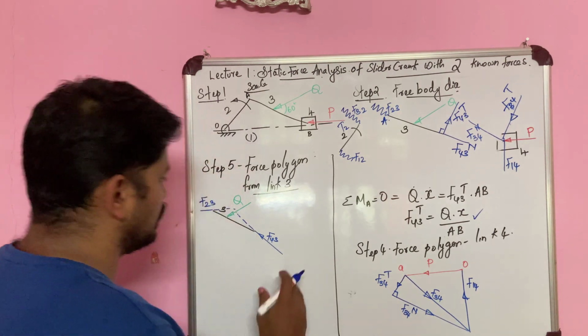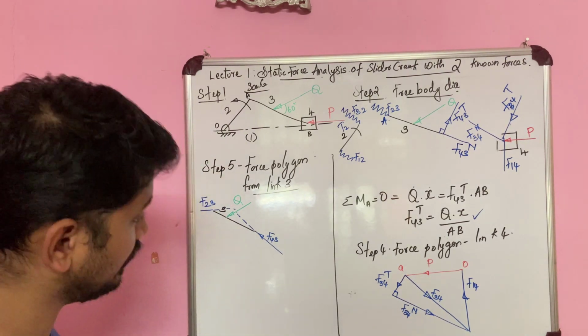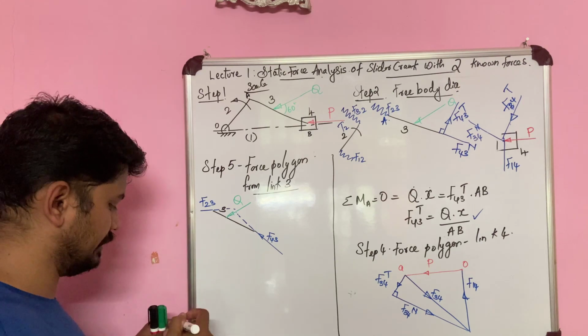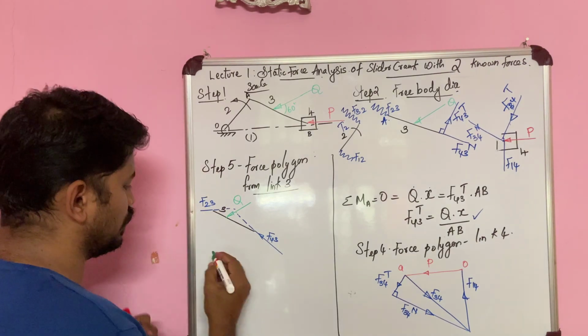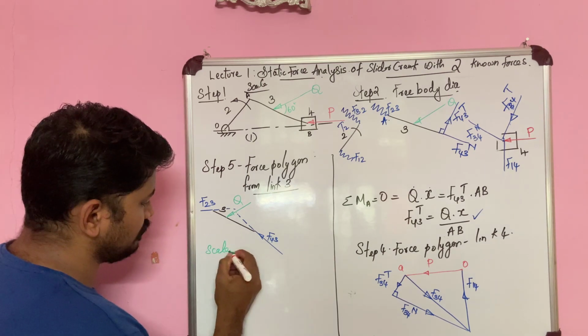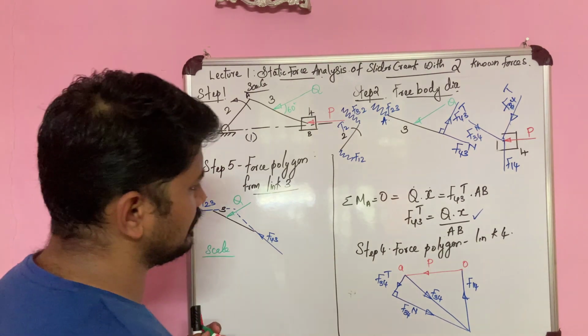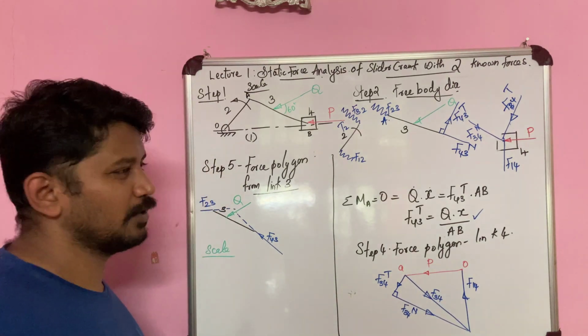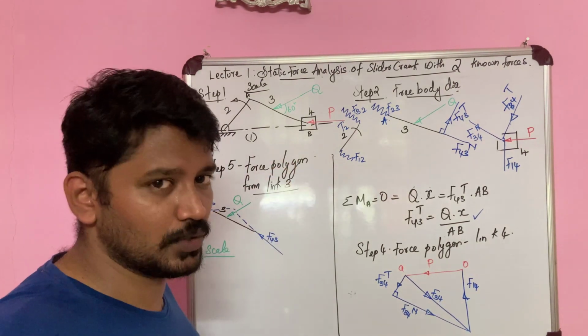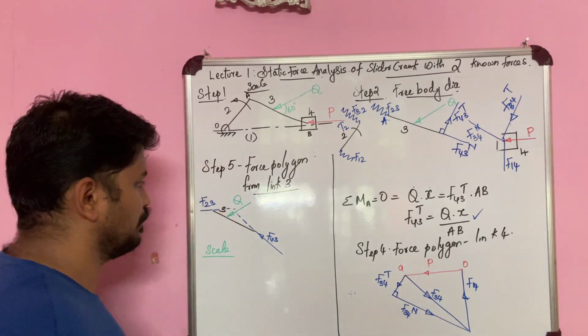Okay, so now let us draw the force polygon for link 3. How do we draw the force polygon? First, we have to take a suitable scale. Preferably take the same scale that we have taken in our step 4, because with so many scale conversions, sometimes students get a little bit confused.